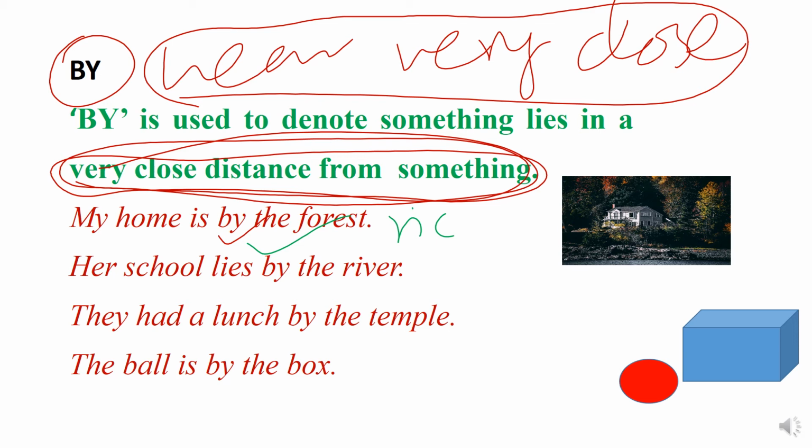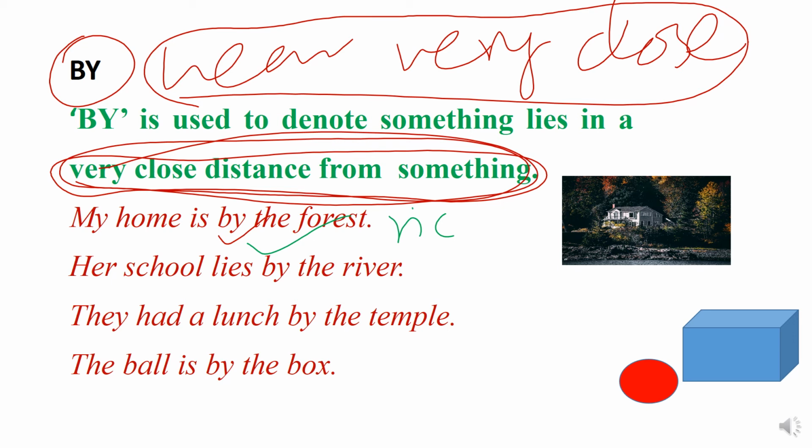So my home is by the forest, my home is by the river. You can say both in the same picture. In the same way, let's go to the next example. Her school lies by the river means her school is very close by the river.